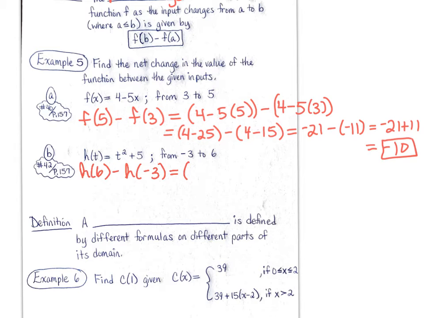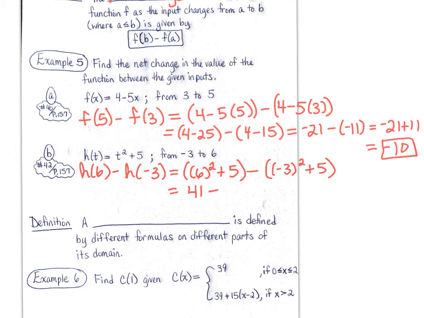Does anyone need to see the steps? Yes. Okay, so you would say 6 squared plus 5, and then you would subtract from that the quantity negative 3 squared plus 5. 6 squared is 36, so then you have 36 plus 5 is 41.